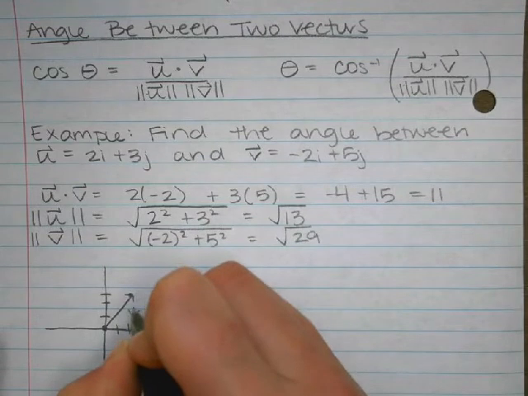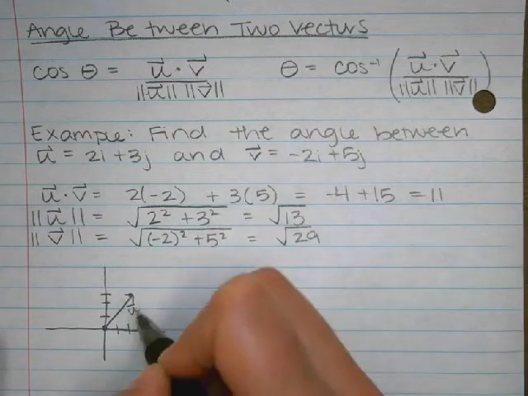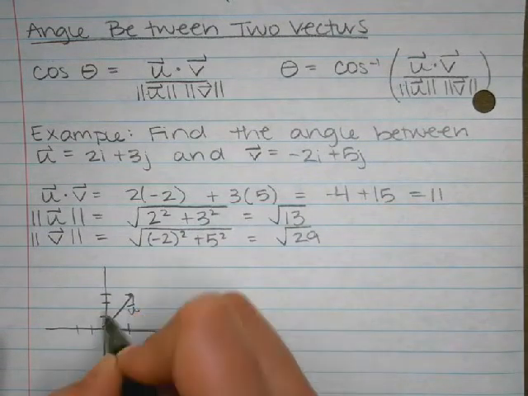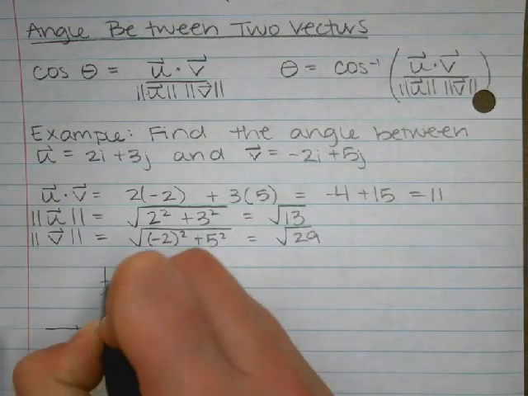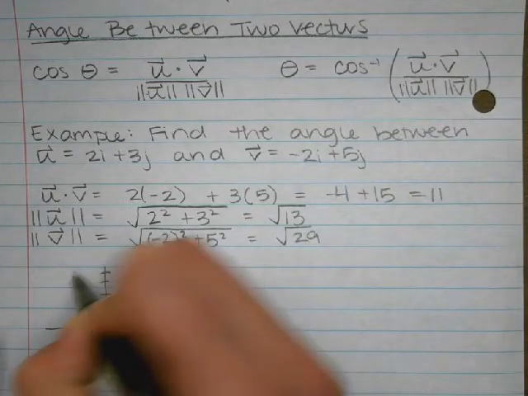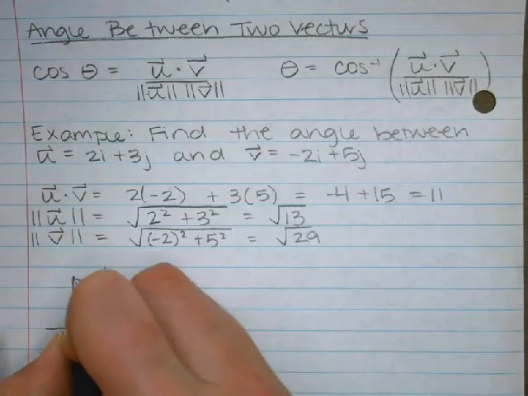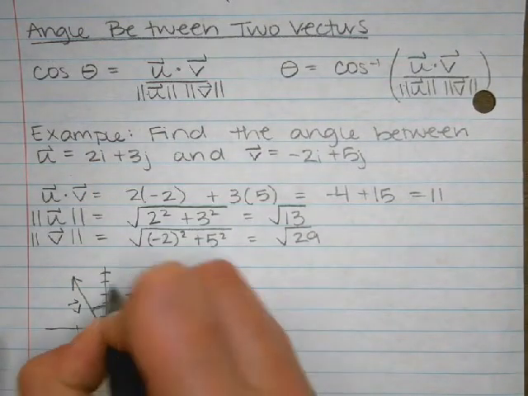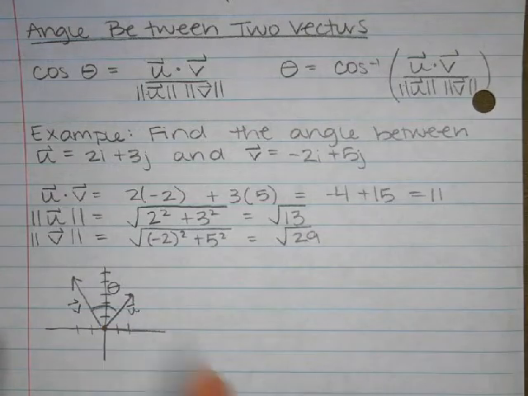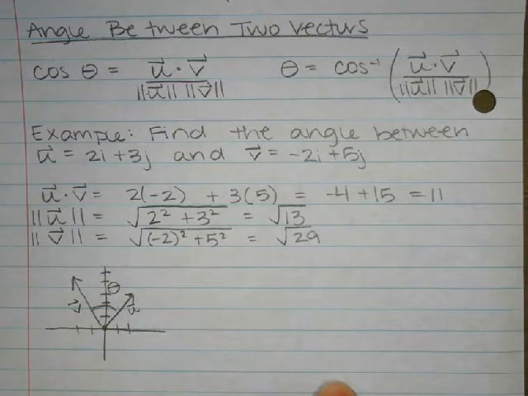So there is u. V has a horizontal component of negative 2 and a vertical component of positive 5. So there's v. And then this right here would be theta, or the angle in between them.